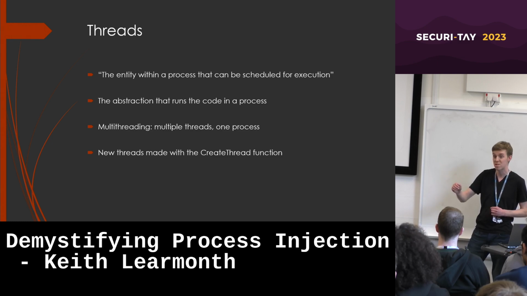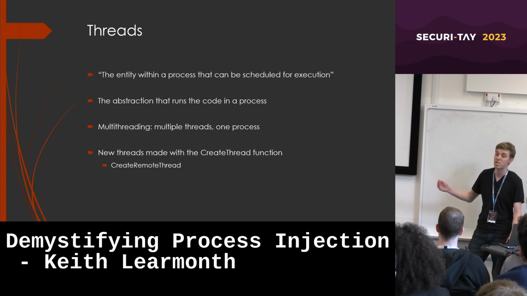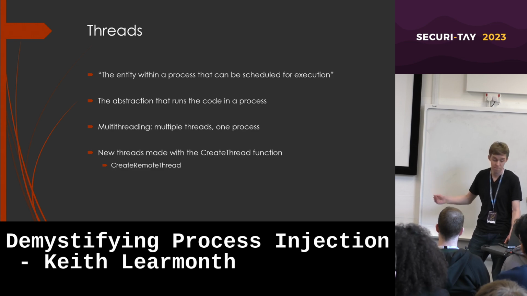If you have the permissions to create a thread, you can put one in at a point in the code. And there is a function called CreateRemoteThread, which is similar, but has the quality that you can create a thread in a different process. That's an important idea here because process injection is a Windows functionality. It's not solely an attack. It's a Windows functionality that attackers abuse.